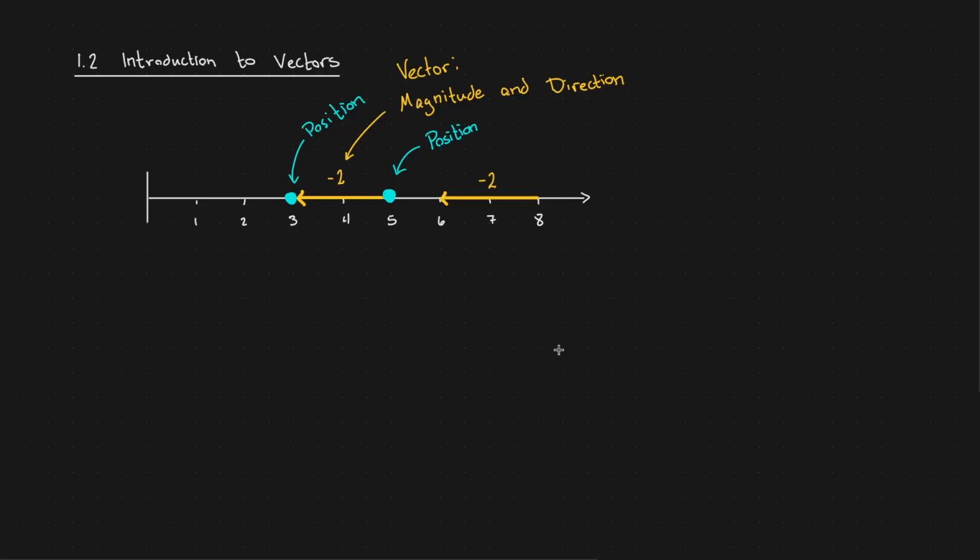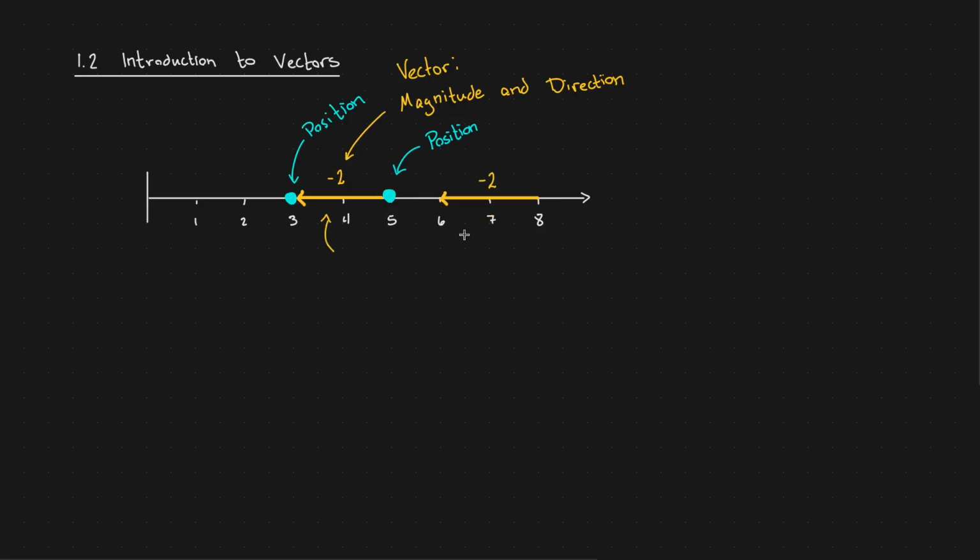I'm losing 2 units. In this case, I'd be subtracting 2 cookies going from 8 to 6. Because the change is the same, this vector here and this vector here are the same. It doesn't matter where I draw them. A vector is just a magnitude and a direction.